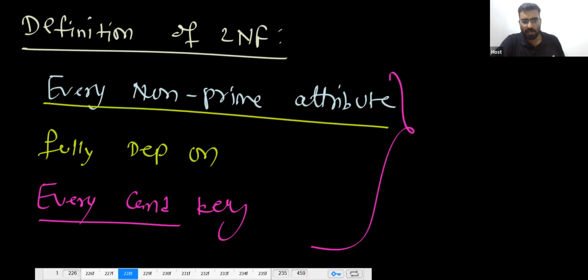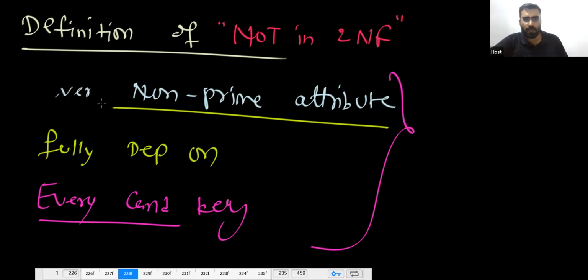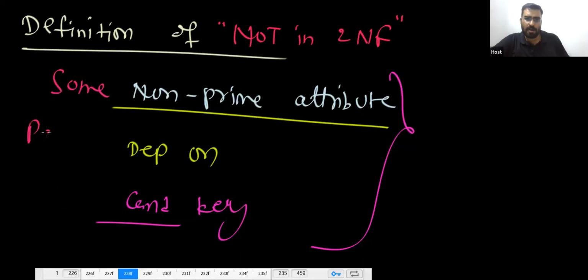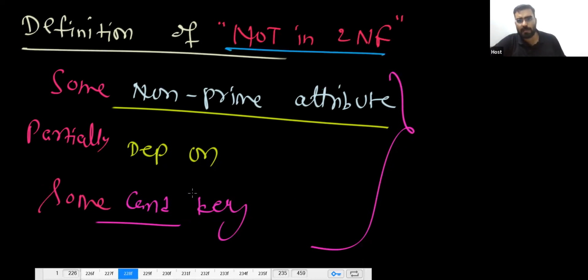Now, what is the definition of not 2NF? That will be: some non-prime attribute partially dependent on some candidate key. Yes or no? A relation is not in 2NF if some non-prime attribute is partially dependent on some candidate key.